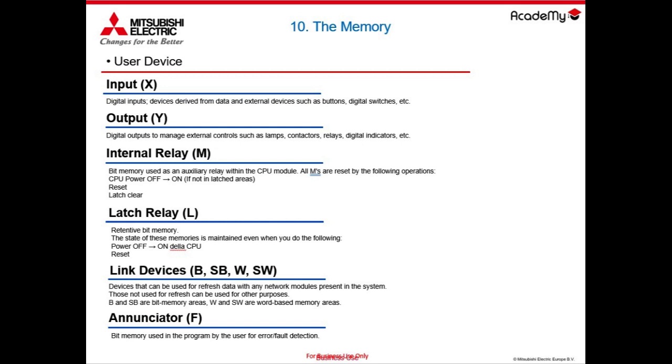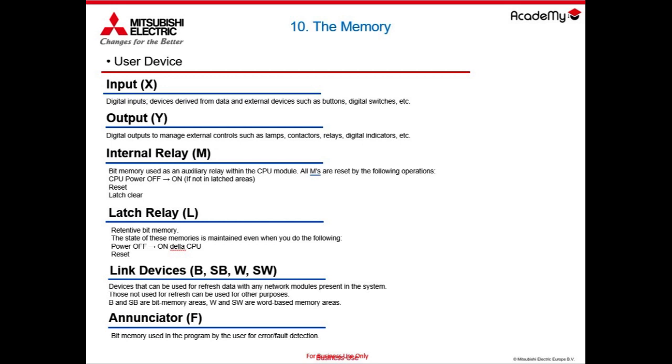Latch relays are of their own nature, so they differ from M in that they are retentive. Link devices are devices that can be used to refresh data with any network modules present in the system.